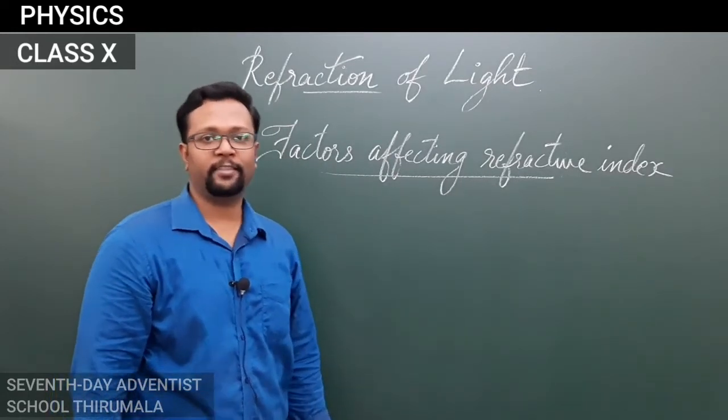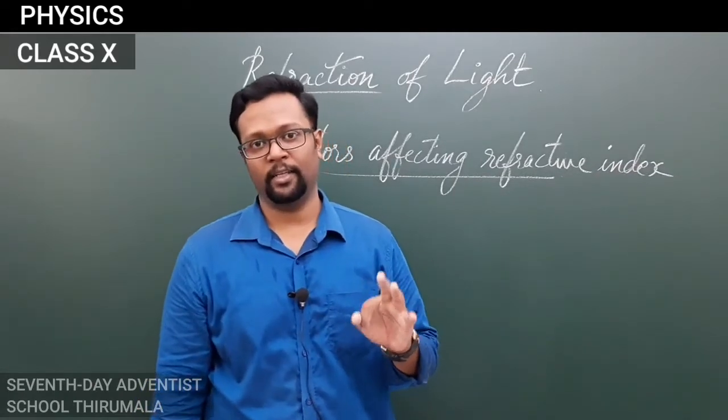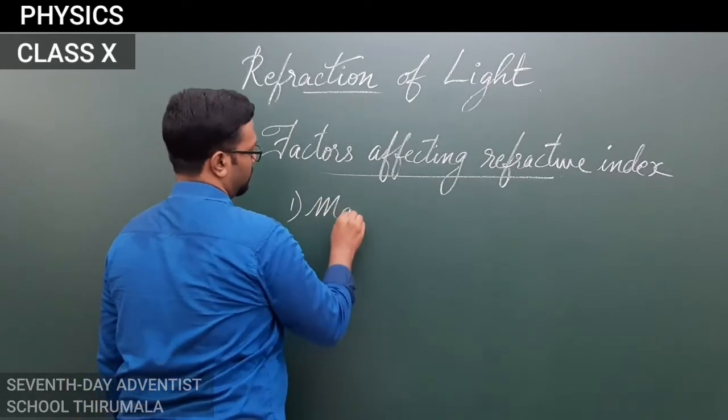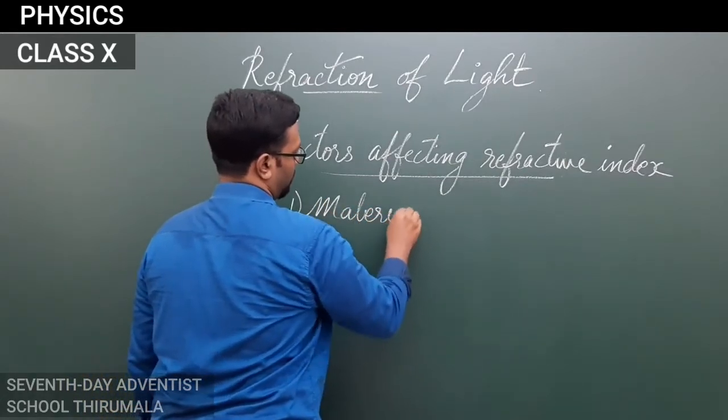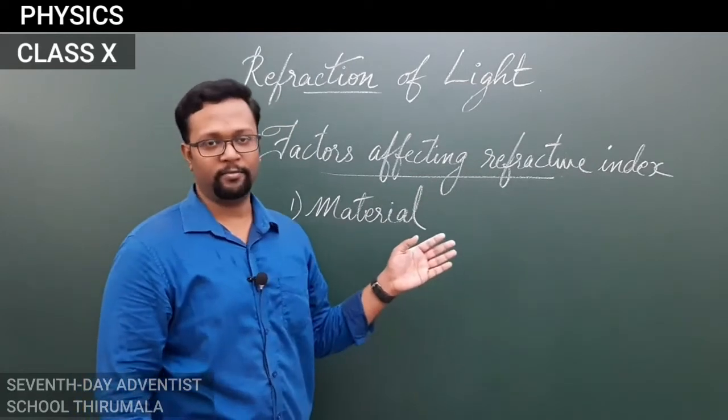The refractive index of a given medium depends on three main factors. The first one is the material of the medium. The refractive index depends on the material of the medium.